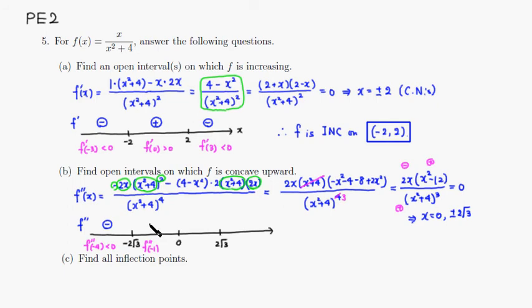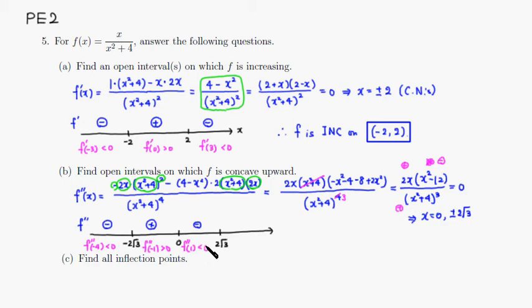So this is going to be positive here. And we can try anything between 0 and 2 square root of 3, so we try f double prime of 1. You're going to get the positive here, and 1 squared minus 12 is negative here, so that will be negative.